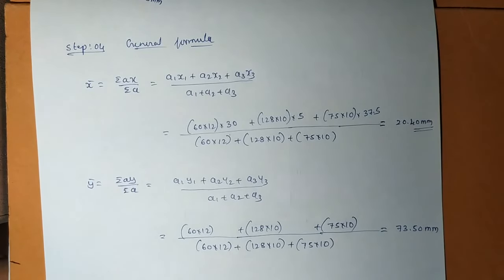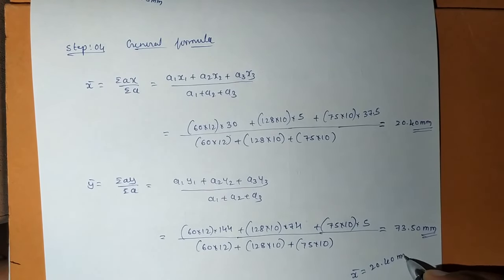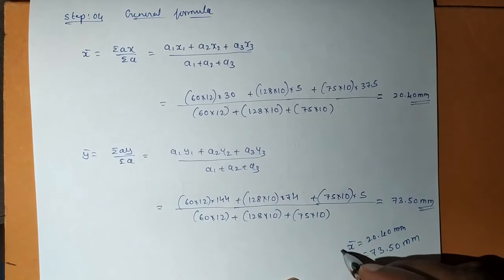What is y1? 144. What is y2? That is 74. And what is y3? That is 5 millimeter. X bar is 20.40 millimeter and y bar is 73.50 millimeter. This is the final answer.